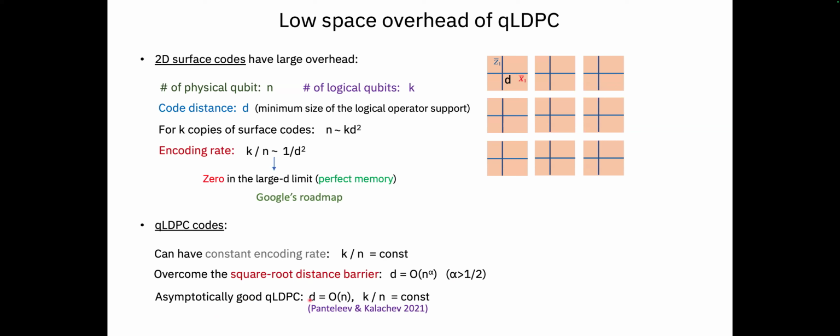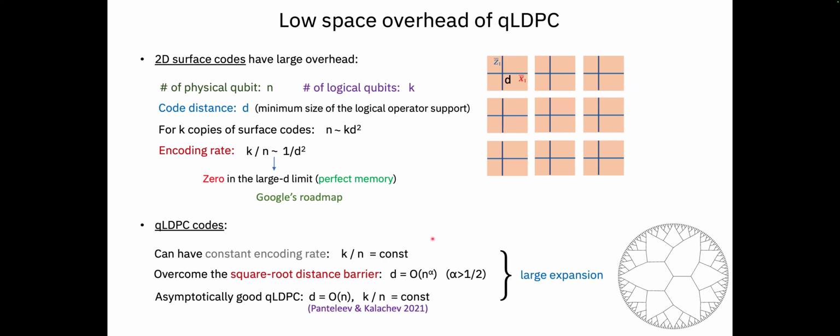So where they have the optimal distance, d is linear in terms of the number of physical qubits, and the rate is constant. The underlying reason for achieving this very nice parameter is that it uses some sort of an expander graph structure that has a large expansion, and it's very different from Euclidean space, such that you can have many holes in the complex, and also the systole of this kind of geometry becomes very large.